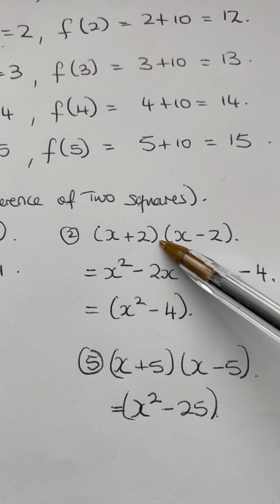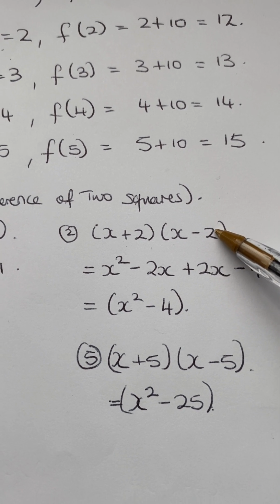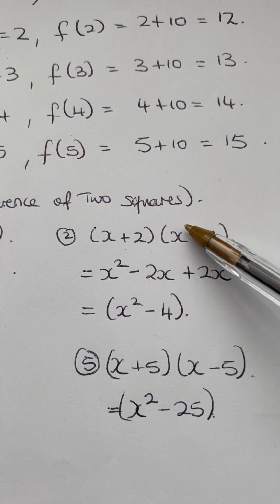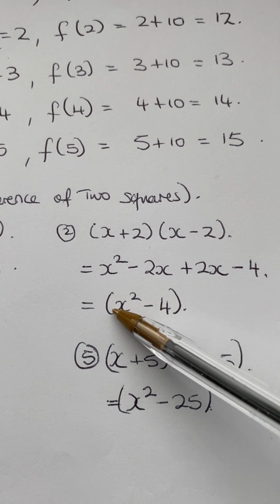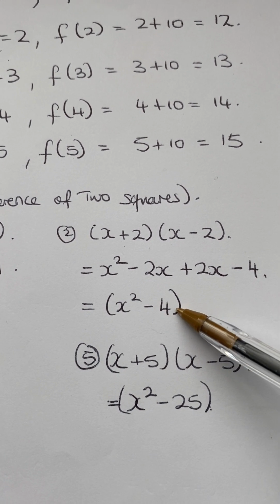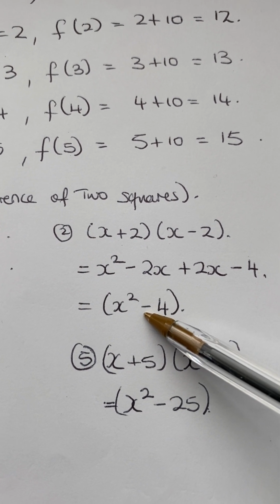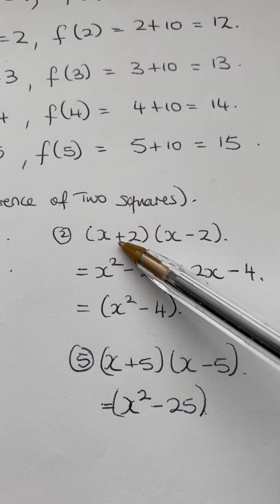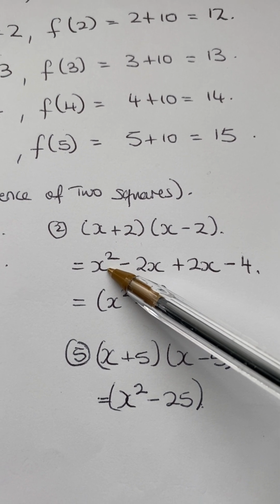(x plus 2)(x minus 2). 2 squared is 4. So difference of two squares again, x squared minus 4. From here, that is our answer. But if we are still struggling with that, we are going to break it down.